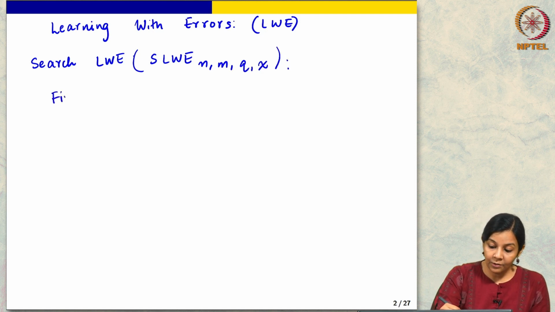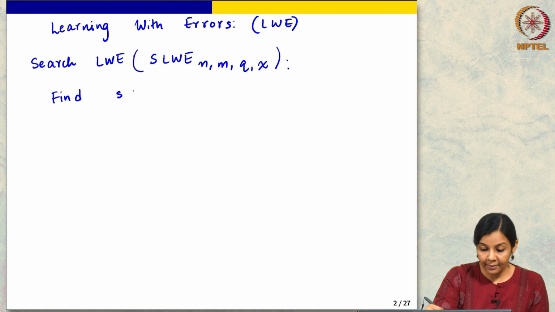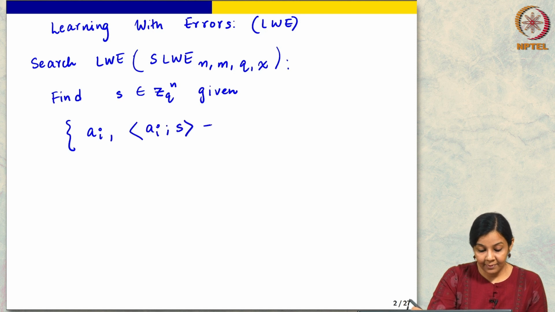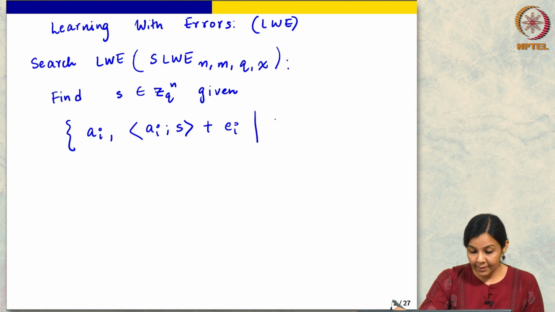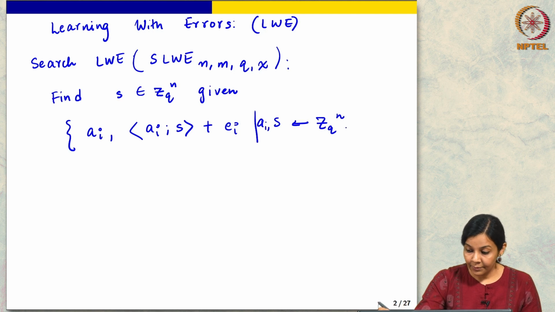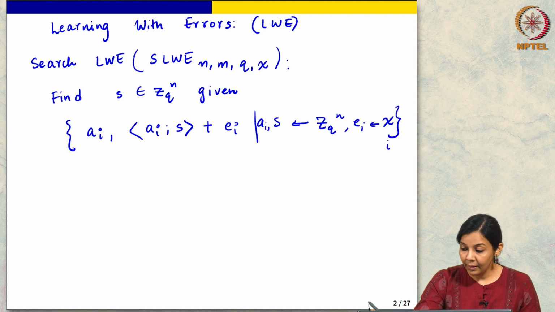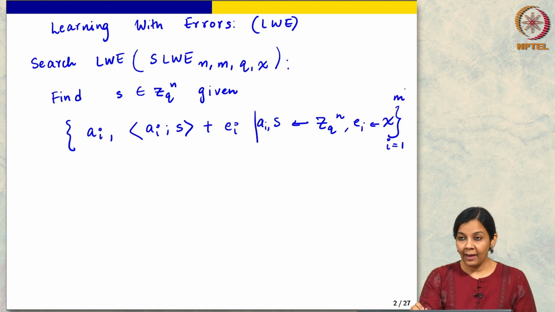Okay. And this is the question of finding S, a vector S, which lives in Z_q^n, given a_i and <a_i, S> + e_i, such that S was chosen randomly from Z_q^n, so were the a_i in fact, and e_i is chosen from some distribution chi, and I am giving you m of these samples.